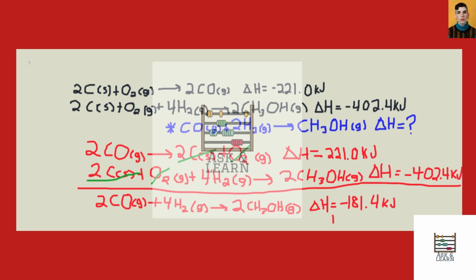So we divide negative 181.42 over 2, and that is going to be equal to negative 90.7 kilojoules. And that is going to be the answer for the delta H that we get from this reaction.